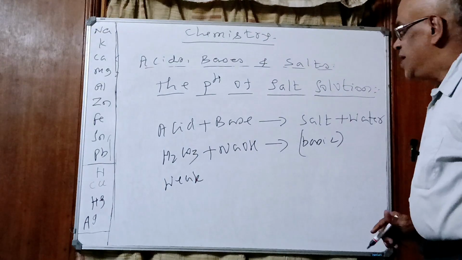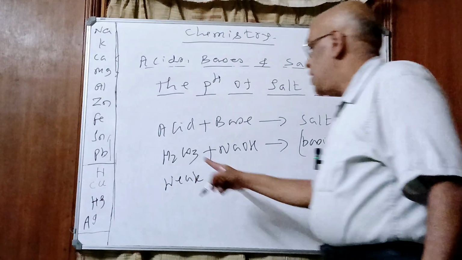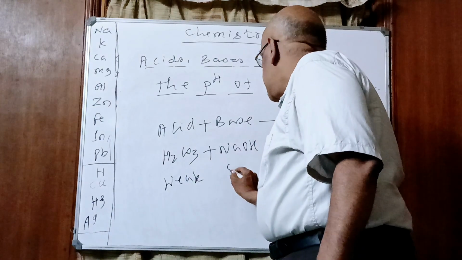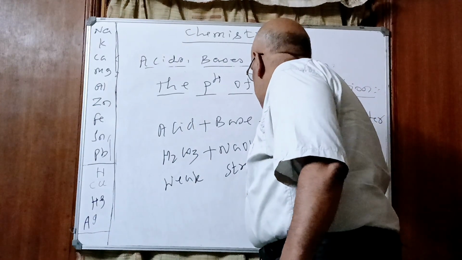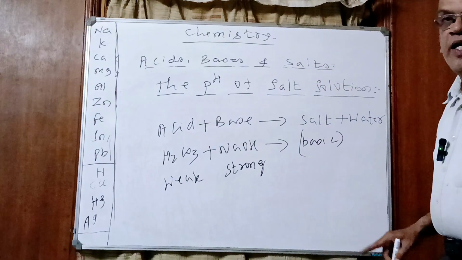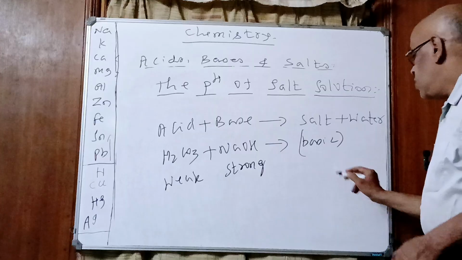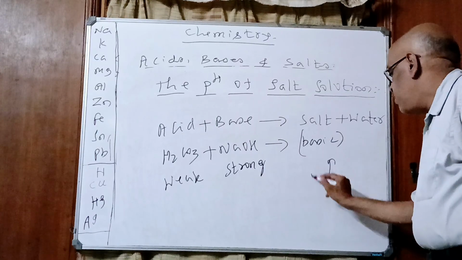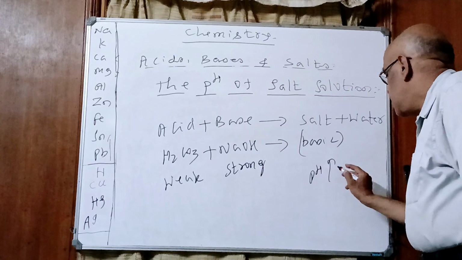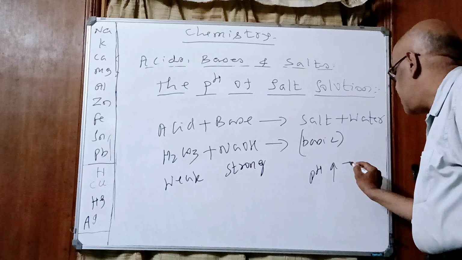What do we get? Salt and water. What is the nature of the salt? Basic salt, children. Yes or no? What is the pH? The pH will be more than 7.